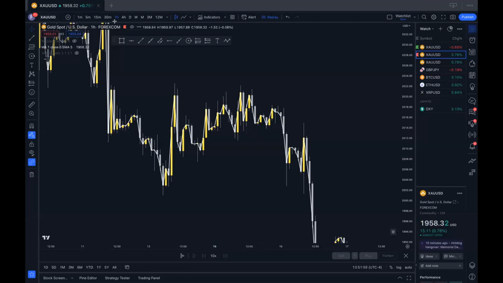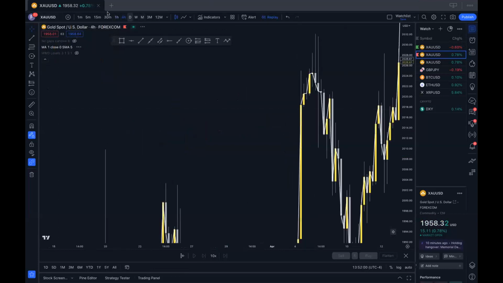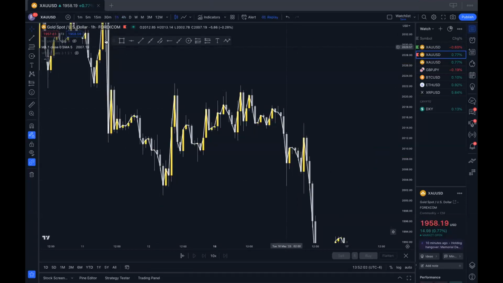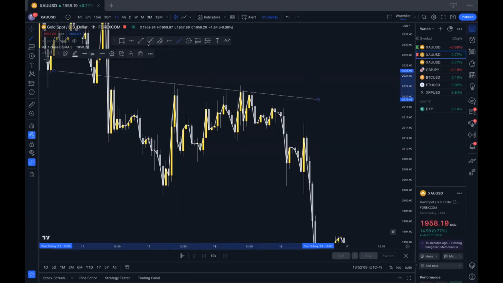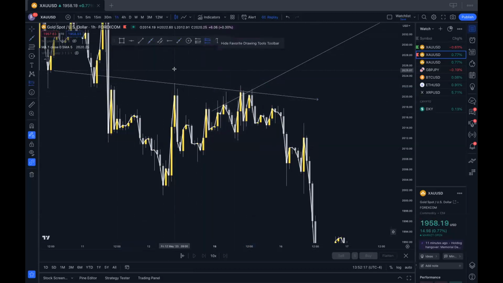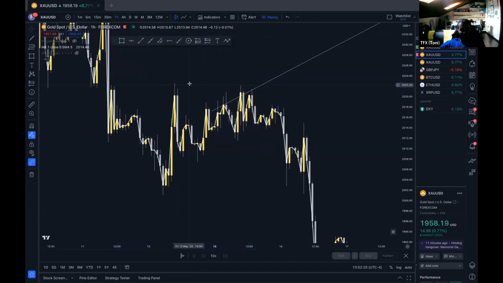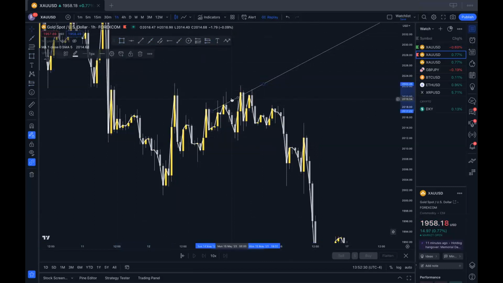So, for example, this is an H1 time frame. You could have trend lines from H4, and then you could have trend lines from H1. And if they cross, you could take an entry in between anywhere in this crossing zone. That's for later advanced knowledge.